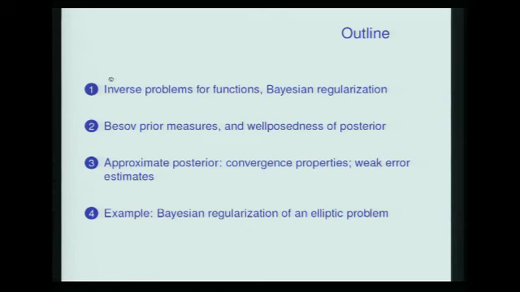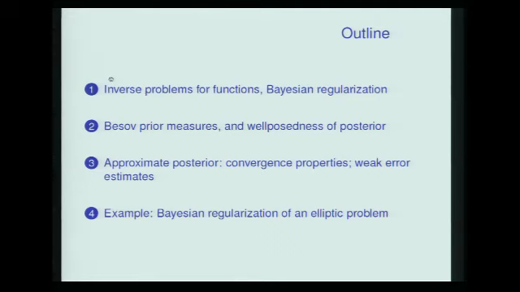Right, so this is the summary of what I want to say. I am interested in inverse problems in which the unknown is a whole function, and I'm going to use the Bayesian formulation.